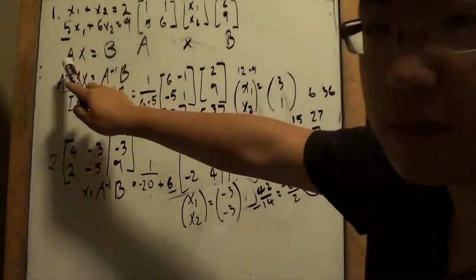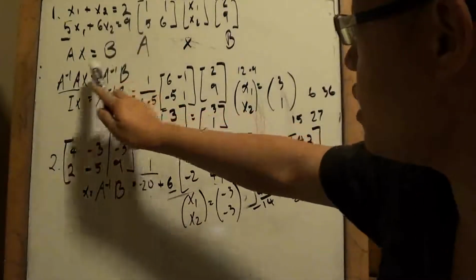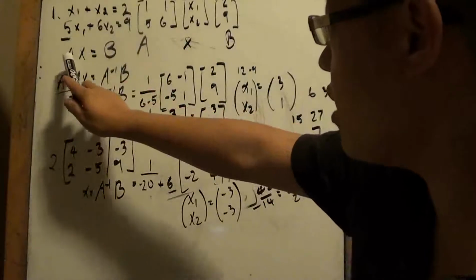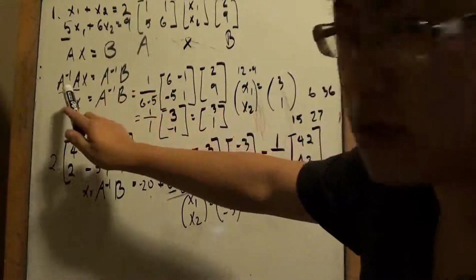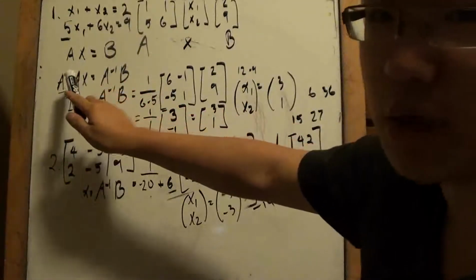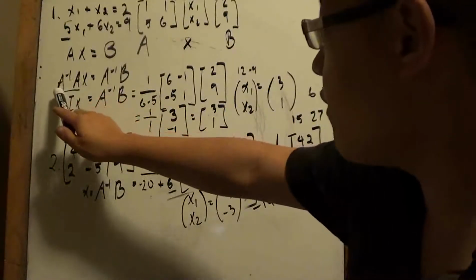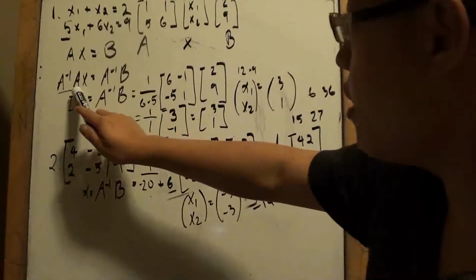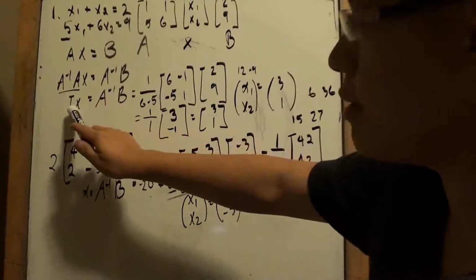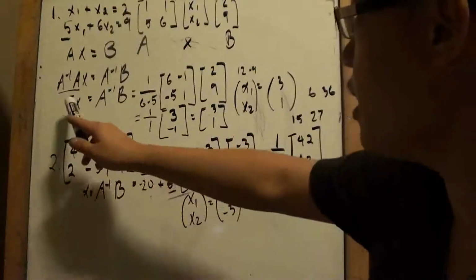So what happens here is, Ax equals B. I'm going to put the inverse of A in front of both sides, because if I don't do both sides, then it will no longer be considered an equal sign, right? If I have the inverse of A and A multiplied together, that's going to be the identity matrix, which is essentially just 1, so we don't care.